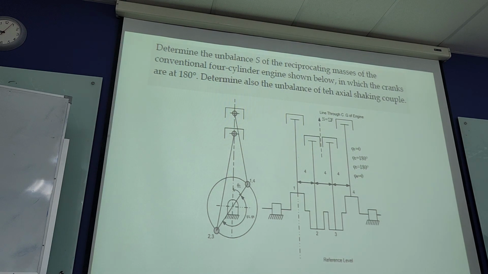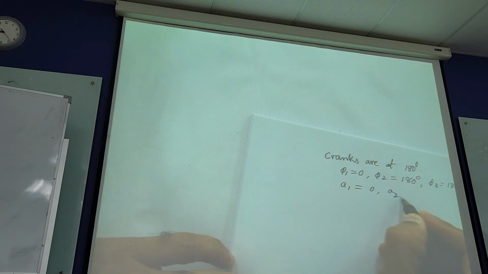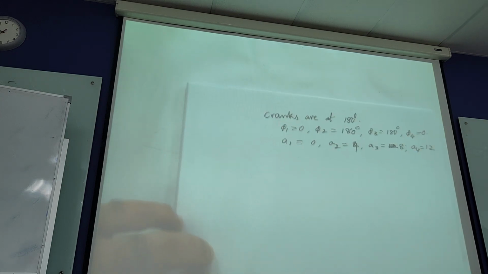Then, so I'll take this out. I'll be uploading this file, so you will have the information. So you can write A1 is 0, A2 will be 4, A3 is 8, A4 will be 12.5.